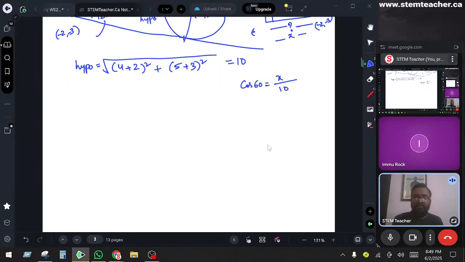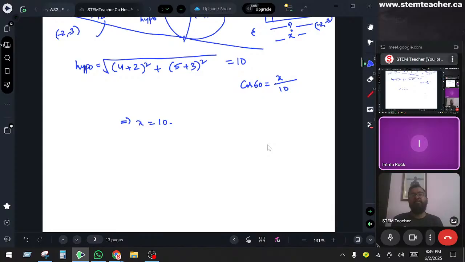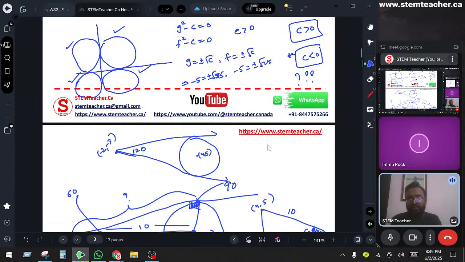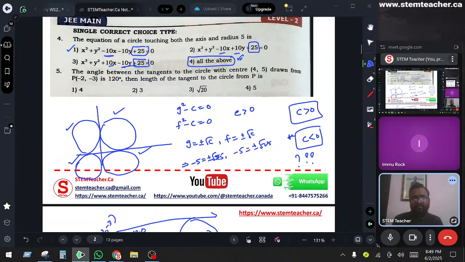What is cos 60? Implies x is equal to 10 cos 60. Cos 60 is 1 by 2. So x is equal to 5. Is there any answer 5? Yes, that's it.